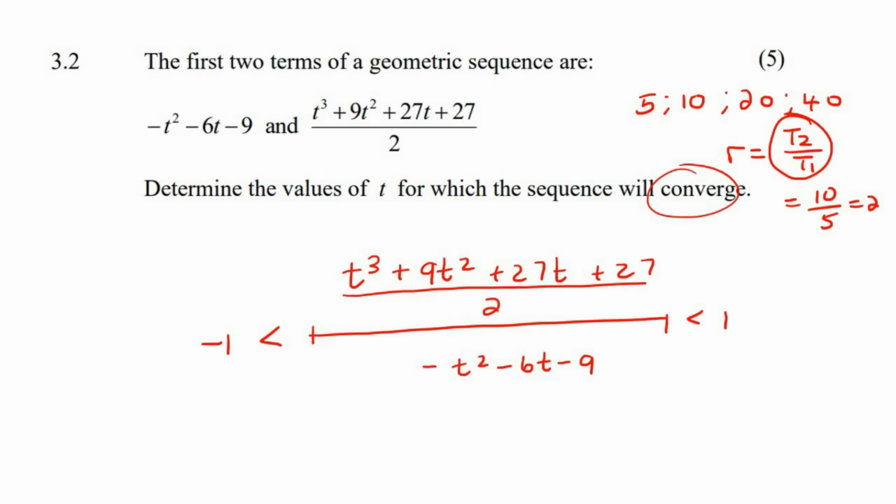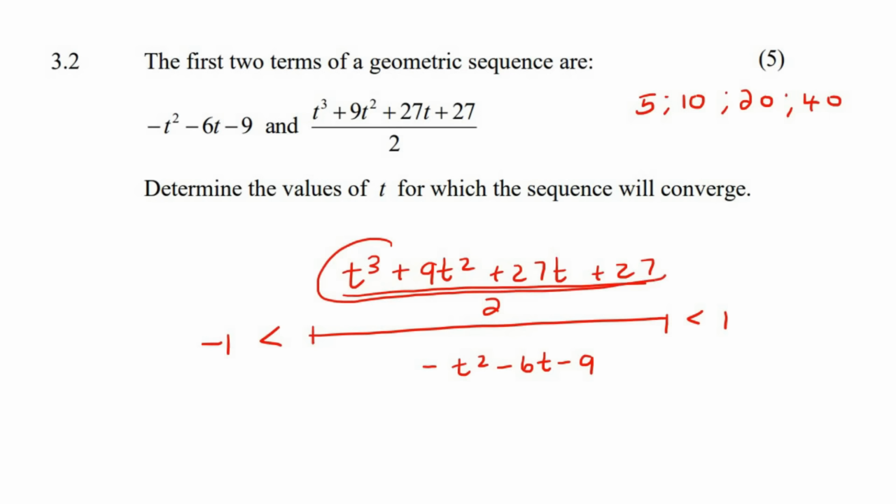What I think we should do now is factorize this. We can break this down, and I've got a feeling it's going to cancel in one way or another with this part over here. With this part here, you need to know how to factorize a cubic.